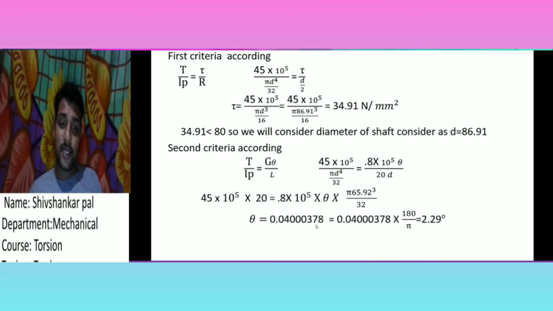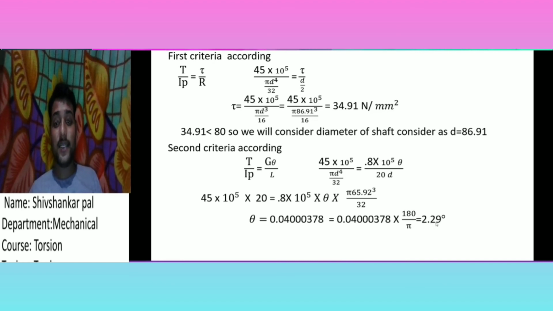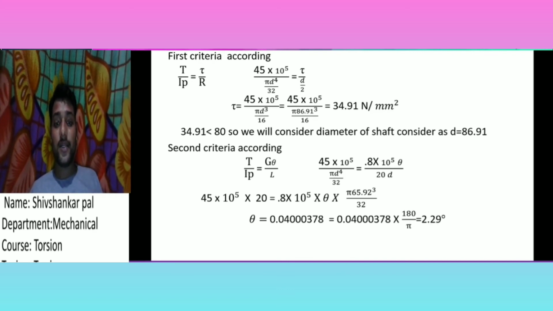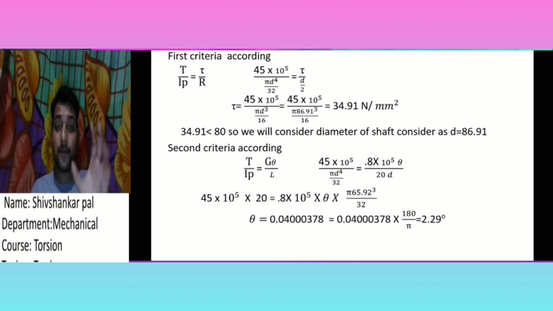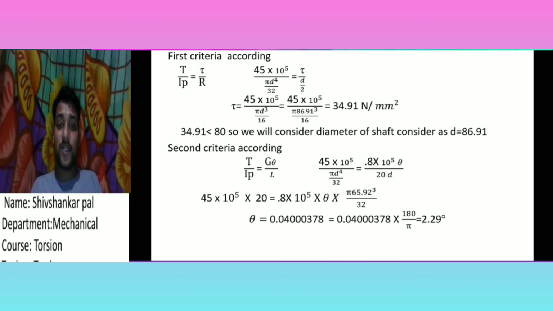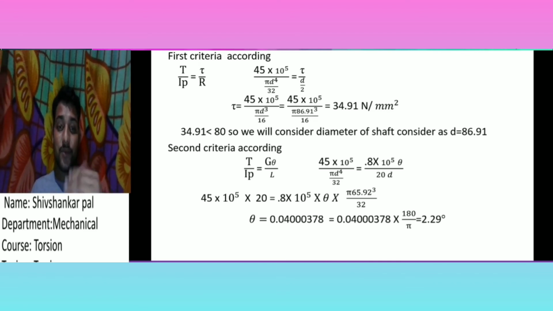Our theta is given in degrees, but in this torsion equation we obtained theta in radians, so you will convert radians into degrees by multiplying by 180 divided by pi. So I obtain the value of theta equal to 2.29 degrees, and I see that 2.29 degrees is greater than 1 degree, so I will not take the shaft diameter 65.92, because the angle of twist has increased.